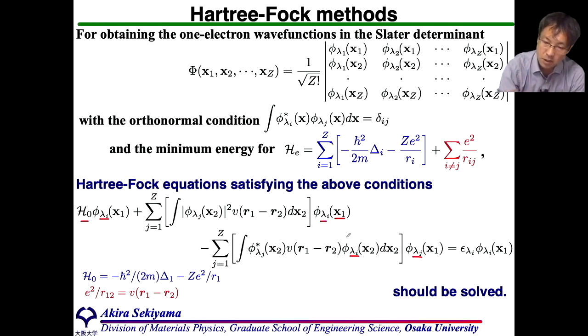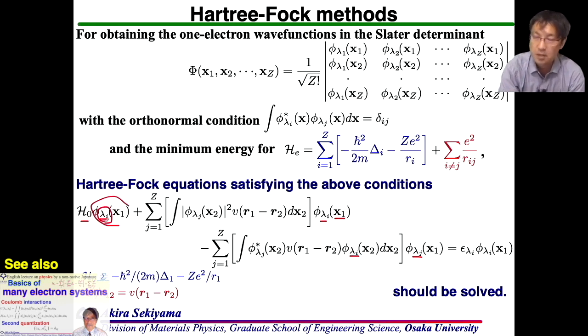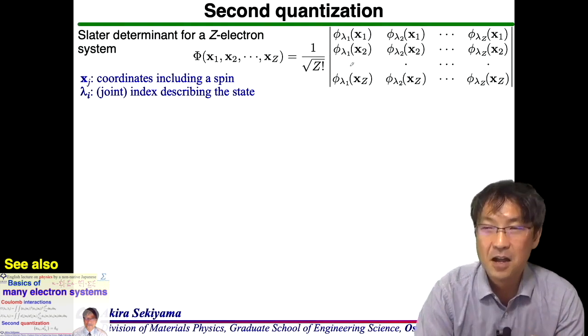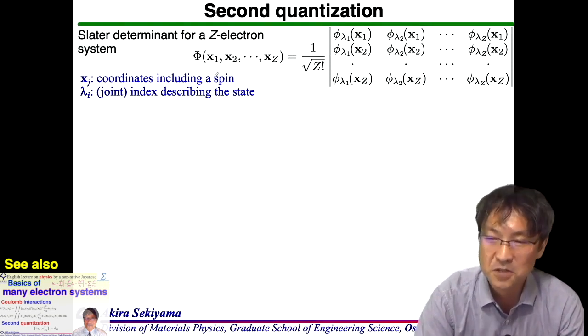We obtain the information of the wave function of each state lambda_i. Then we can express the total z-electron state by using the Slater determinant. So far, I have explained the Slater determinant for the z-electron system.